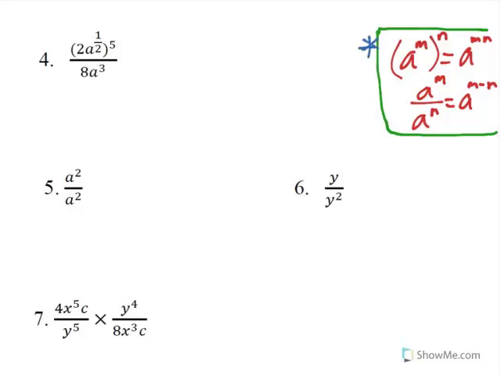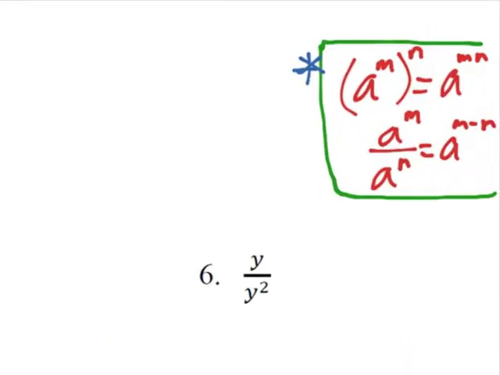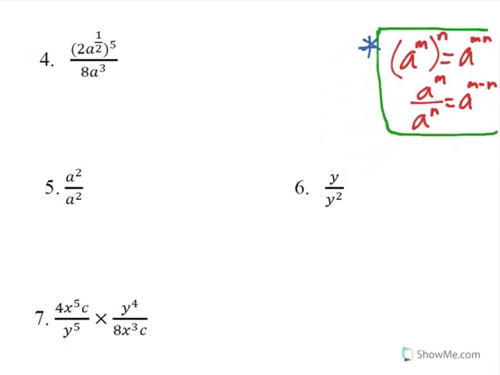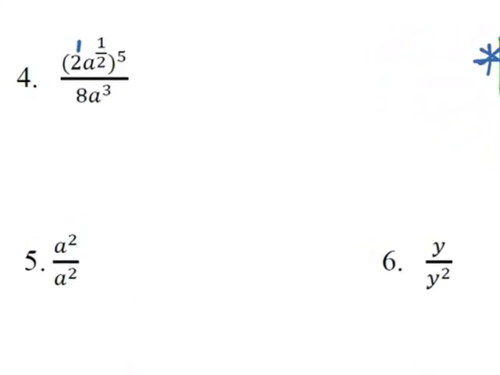So we need to use this rule here. A to the power of m to the power of n is a to the power of m times n. Well, the power of the 2 here is a 1, and 1 times 5 is 5, so it's 2 to the power of 5. I hope that you didn't think it was 2 times 5, which is 10.